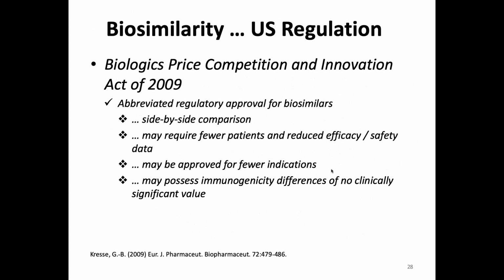Because that comparison was done in clinical trials, even with fewer patients. If you don't do that with everything, then it might be approved for fewer indications. And you have to ensure that the toxicity, especially the immunogenicity differences, are of no significant value.